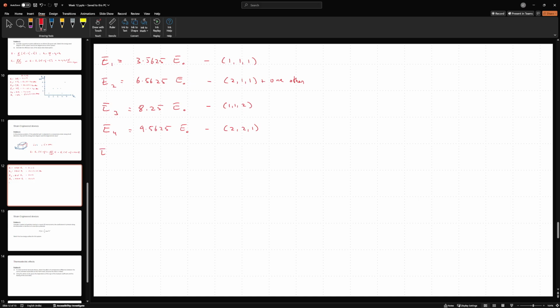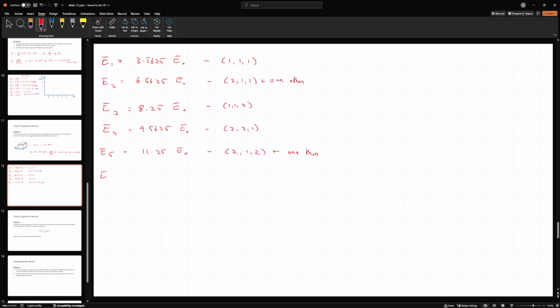And then the fifth energy level is going to be nz can be 2 and either of nx or ny can be 2. So that is going to be 5 plus 6.25, which is going to be 11.25 E naught. So this corresponds to 2, comma 1, comma 2 plus one other.